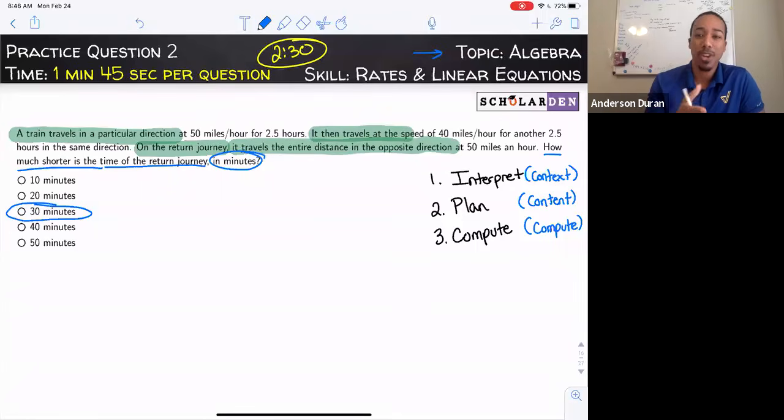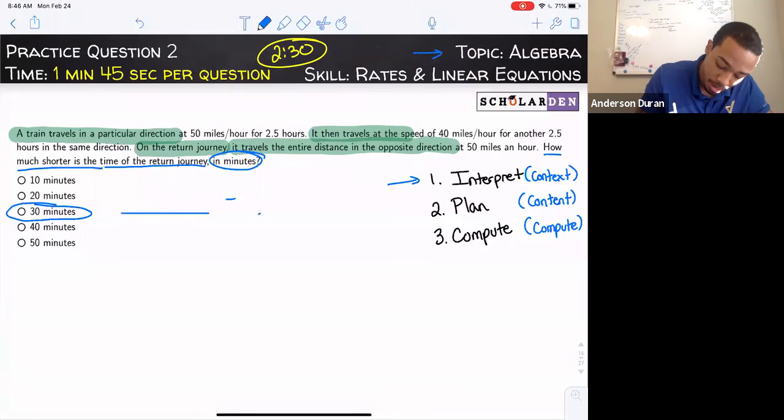We're thinking subtraction. If I say how much shorter is this than that, I'm thinking I need to subtract this and that. So boom, that's what I'll do. I'm taking the difference. So that's my interpretation. I've interpreted that I need to take the difference between two things. And so what are those two things? Well, let's go ahead and write that out right now.